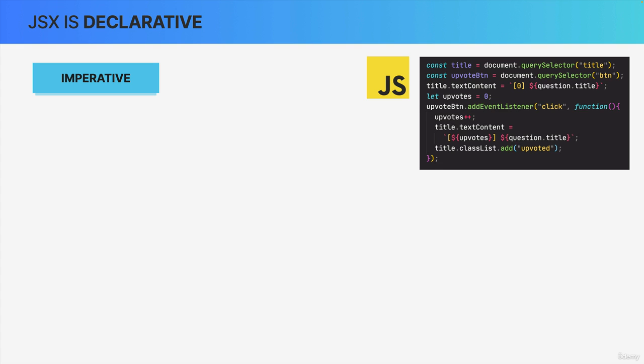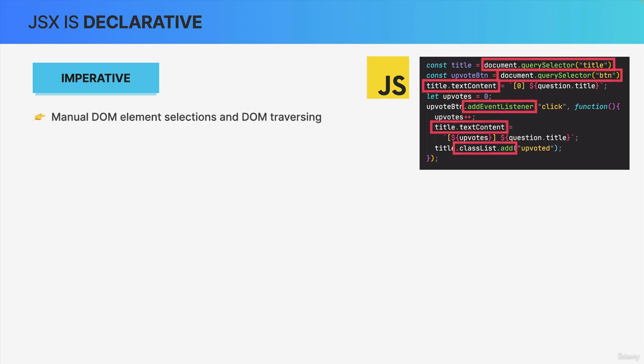Well, before we can understand what declarative means, we first have to review what imperative means. So when we try to build UIs using vanilla JavaScript, we will, by default, use an imperative approach. This means that we manually select elements, traverse the DOM, and attach event handlers to elements.